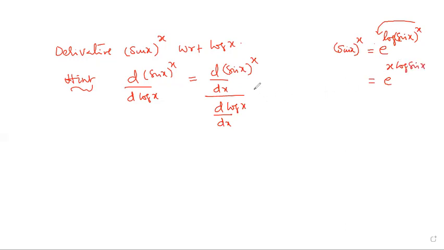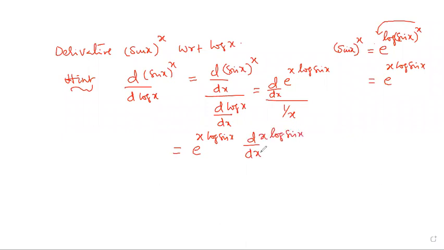Now write down d by dx of e power of x log of sin x, divided by the derivative of log x, which is 1 by x. Now I will do the e function: the derivative of e power of x log sin x is the same, but the exponential function's power is not a single x, therefore the chain rule applies, d by dx of x log of sin x, and the denominator is 1 by x.